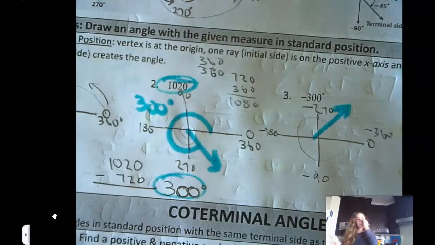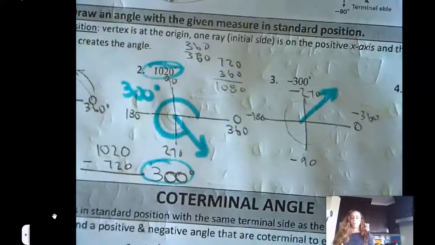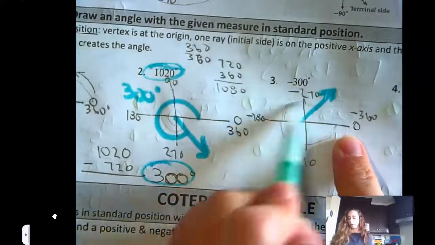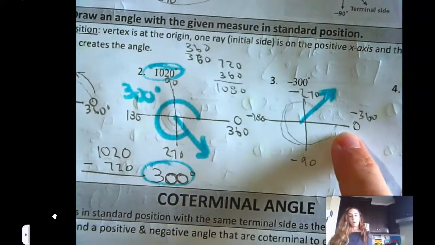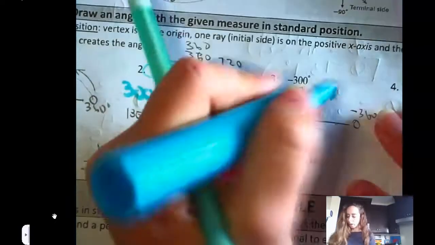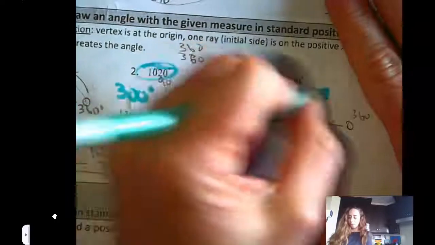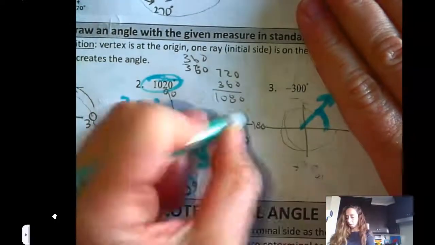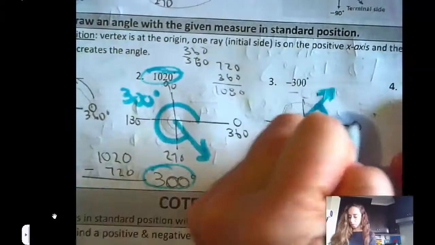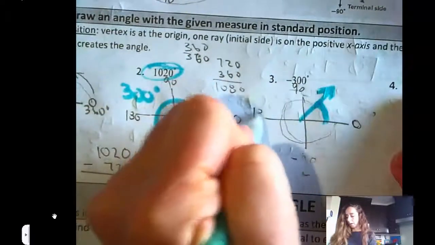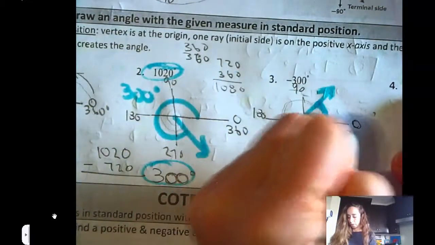Now, I don't like living in negative world. I like living in positive world. So this is my preference. I don't want you to go like this and say negative 300. I would rather you tell me the positive. So 0, 90, 180, 270, 360.